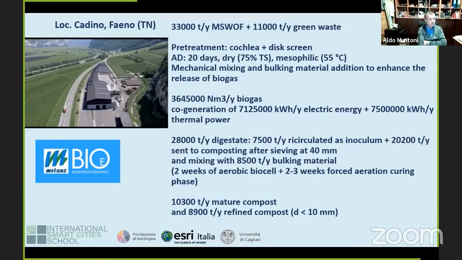I'm sure that within 10, 15 years, we are not going to produce waste, but used items to give back to the producers and the sellers. And the only fraction that it will not be possible to give back is the food waste. We cannot give back a banana or the skin of a banana for a new banana. So it is impossible to reuse the food waste.